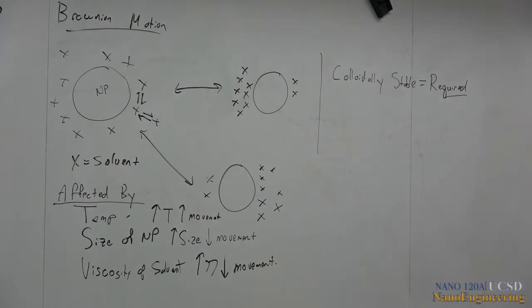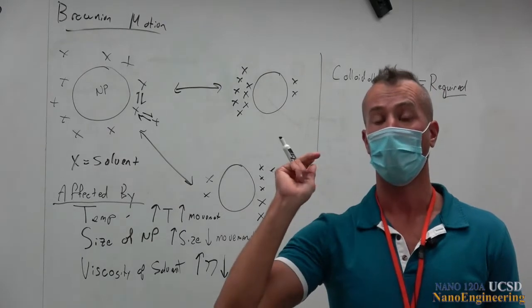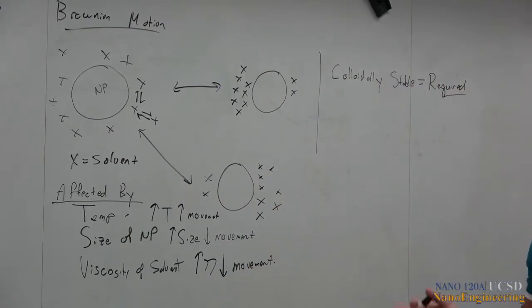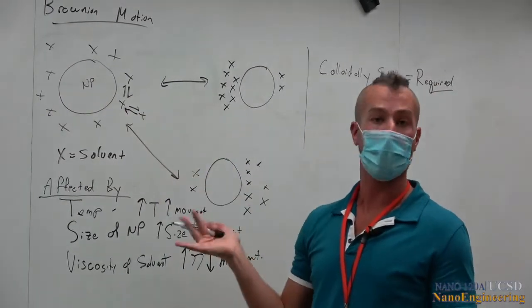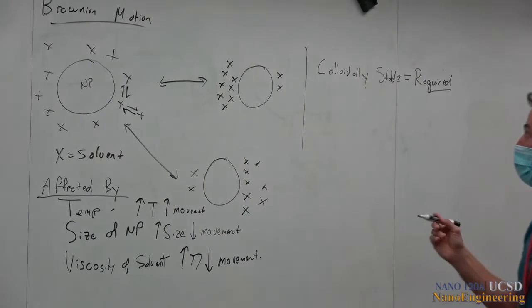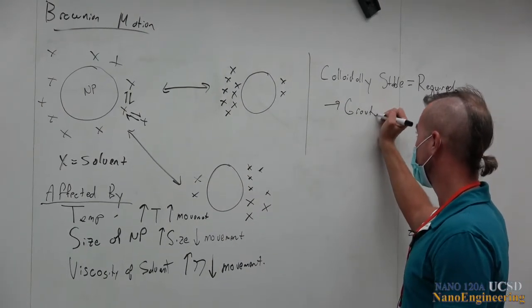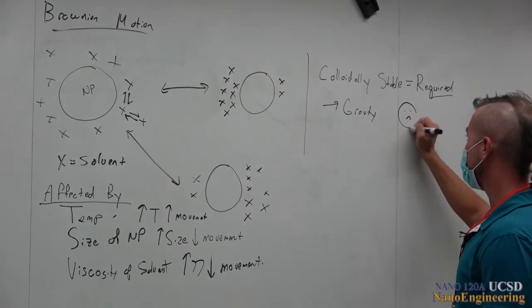Right? Because we want the primary force driving this to be the interaction of the solvent with the particles. If we have something like gravity affecting our particles, sad face.